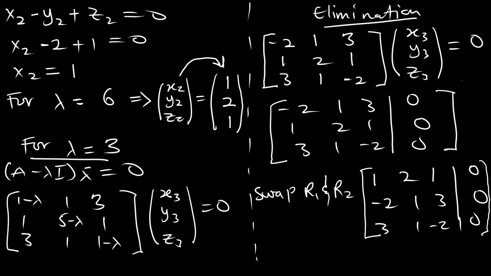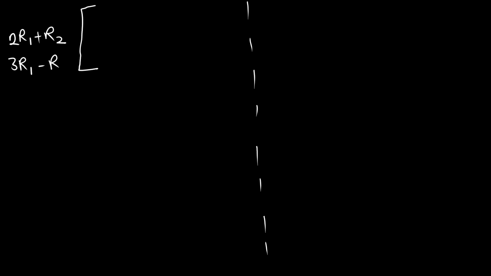So let's try and see what we can also do with the next part. In order to simplify it, I want to perform an operation. On row 2, I want to say 2 times row 1 plus row 2. And on row 3, I want to say 3 times row 1 minus row 3.